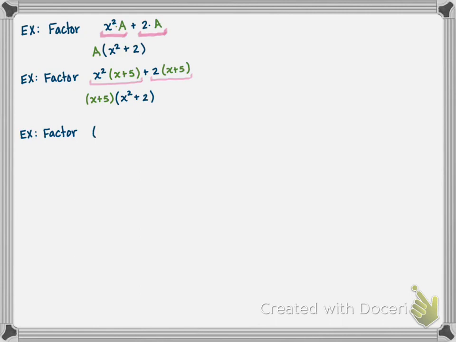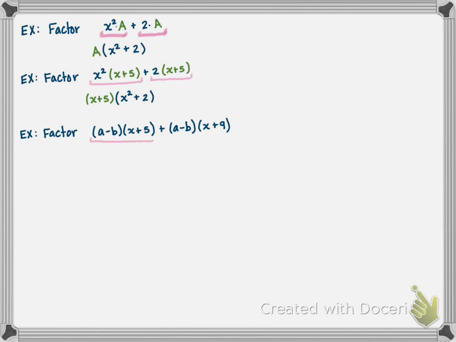Let's do this. So (a minus b) times (x plus 5) plus (a minus b) times (x plus 9). How many terms do I have? Still 2.